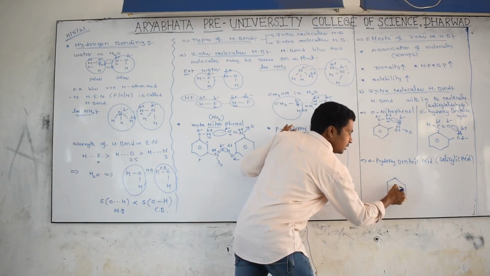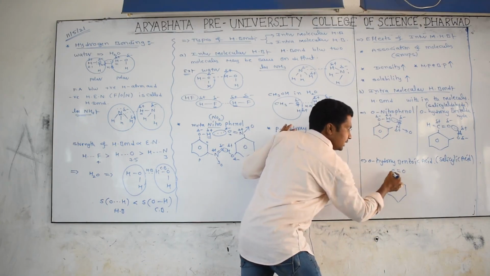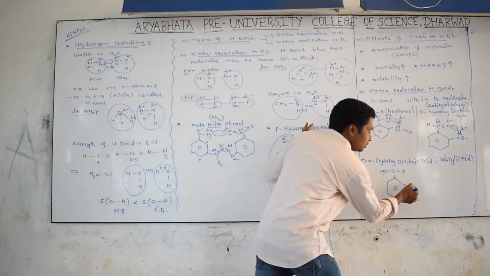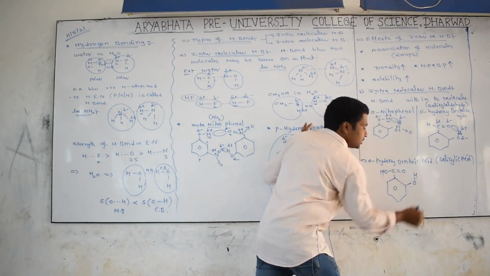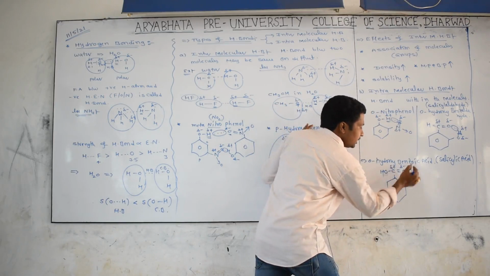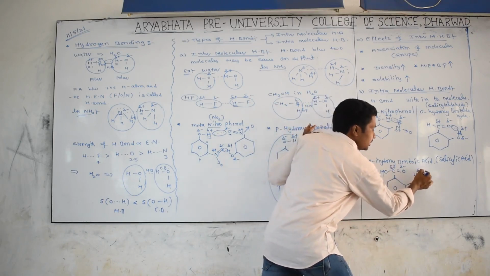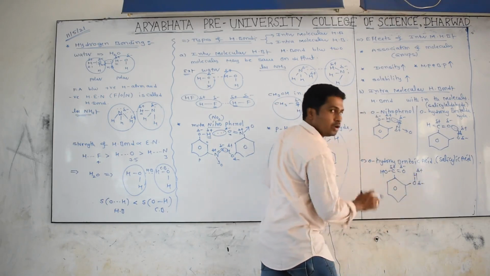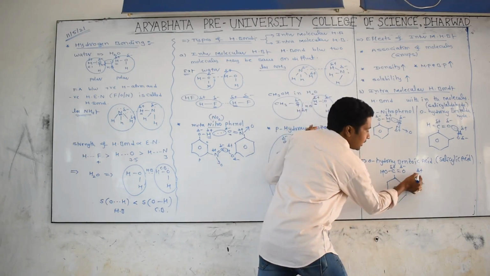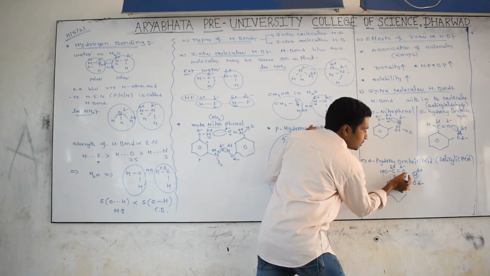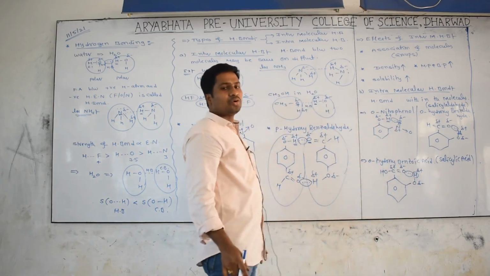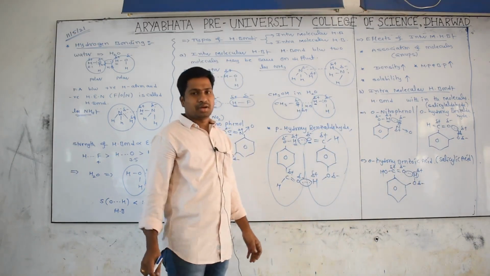Take benzene, and on it we get COOH, benzoic acid, with an orthohydroxy, O and H. You know very well, here partially positive, here partially negative. The positively charged hydrogen atom is attracted to the negatively charged oxygen atom within the same molecule, so it is called intramolecular hydrogen bonding.